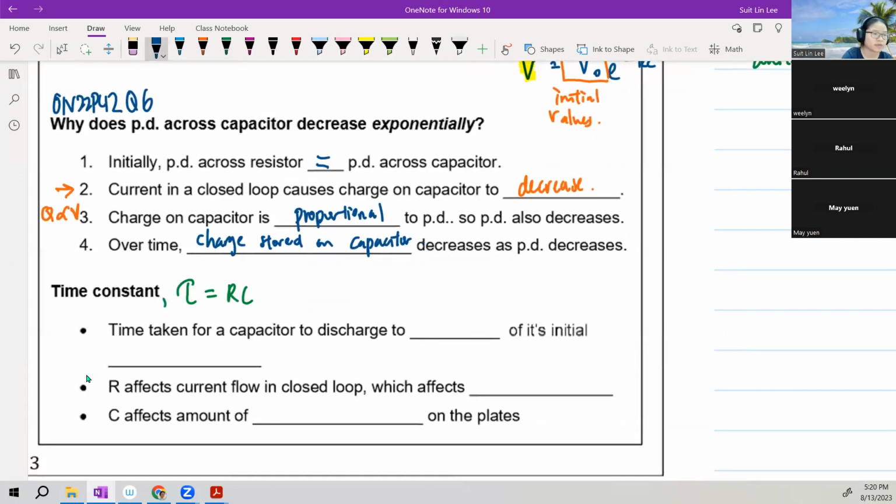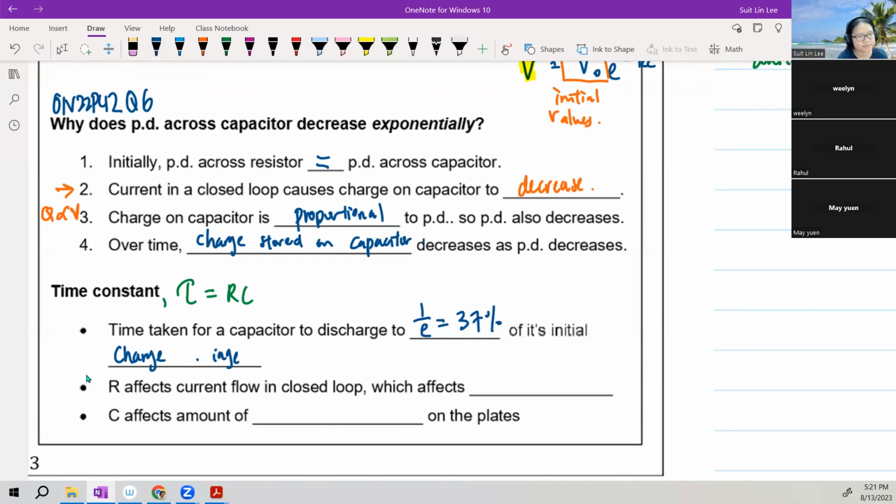RC is the time taken for the capacitor to discharge not to half, but to 1 over e, which is about 0.37, or 37% of its initial charge or voltage or current. Okay, charge is easier.